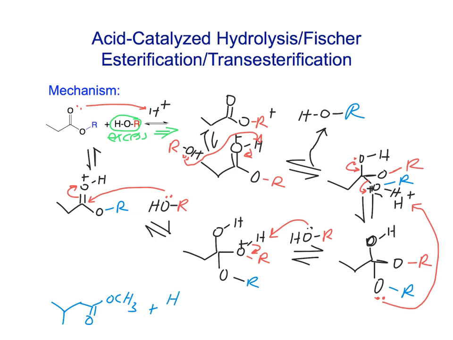Let's say we use something like isopropanol, and we add a small amount of acid. Oftentimes sulfuric acid is a common one for this. If we use an excess of isopropanol, then we can drive this transesterification reaction towards the products.